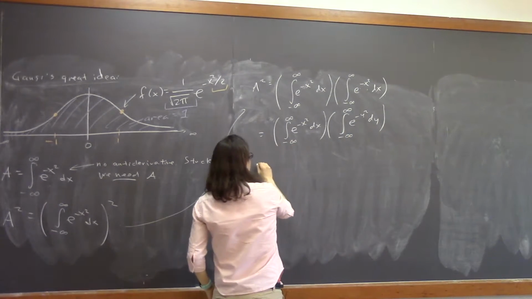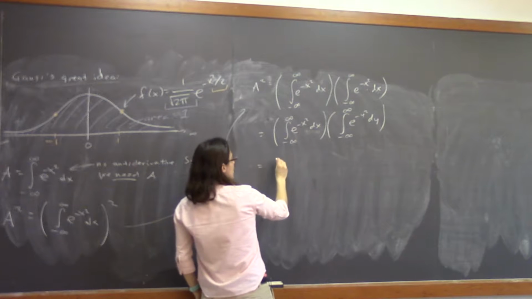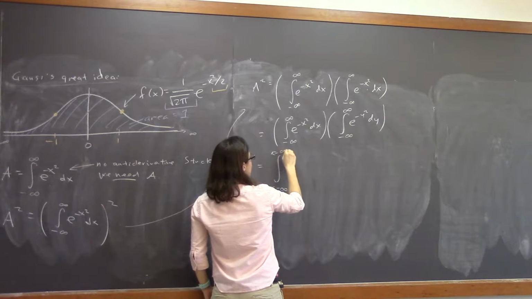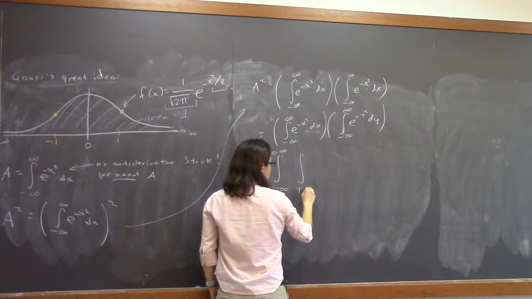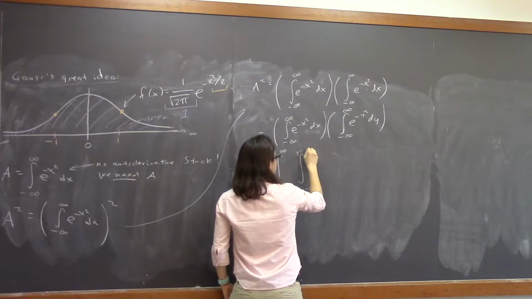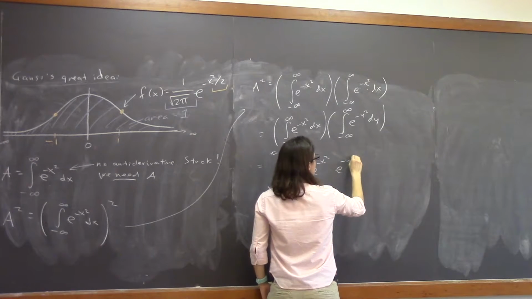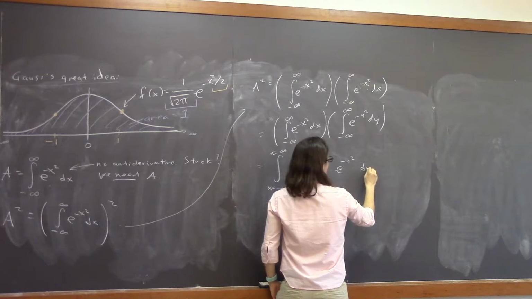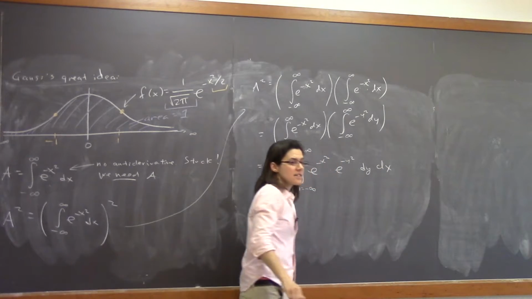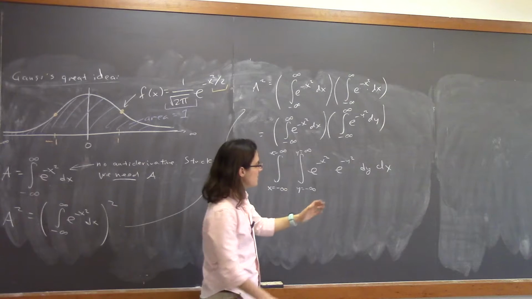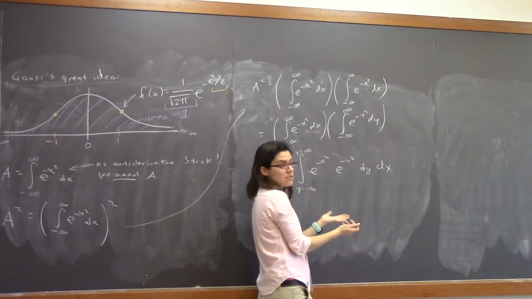So here, I'll write this down and then I'll tell you why we can do it. So this is actually the integral from x equals negative infinity to x equals infinity of the integral from y equals negative infinity to y equals infinity of e to the negative x squared times e to the negative y squared dy dx. Okay. And the reason for this is as follows. So suppose you're going to actually do this.